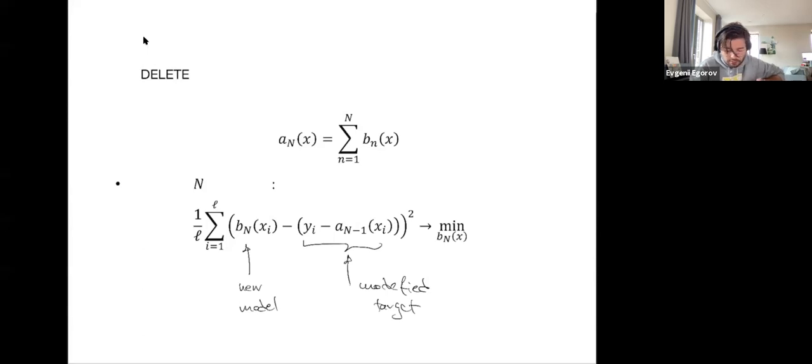Yeah, and this was possible just because MSE loss is a square of the difference of any two numbers. And so I could put in brackets whatever I like. So there is not much difference here. But in terms of how we will train the new algorithm, it is much different, because now we know that this is just our new target and that's it.